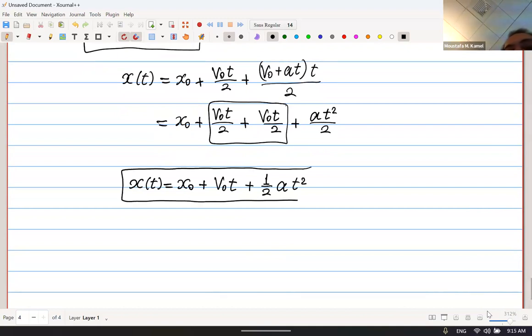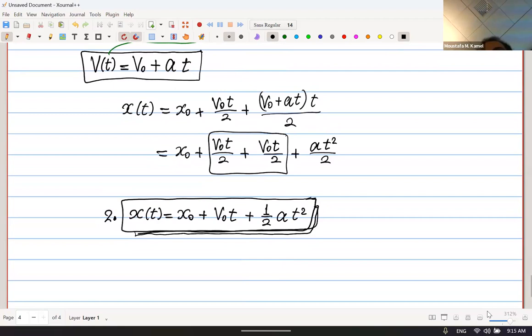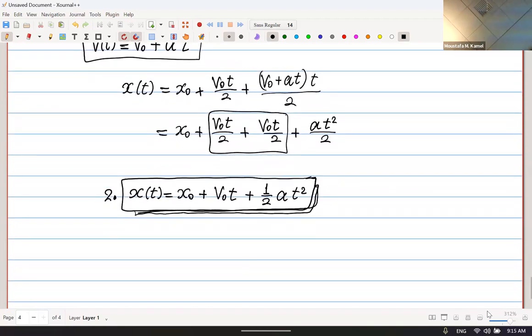This is one of the most important kinematics equations along with the first one. Okay. These are really important. You will use them a lot. There is a third important equation.